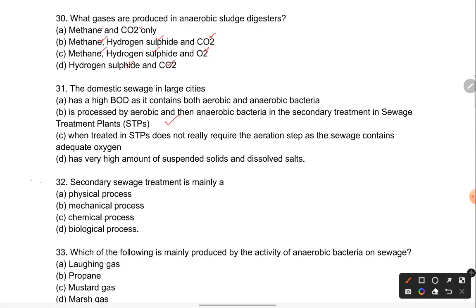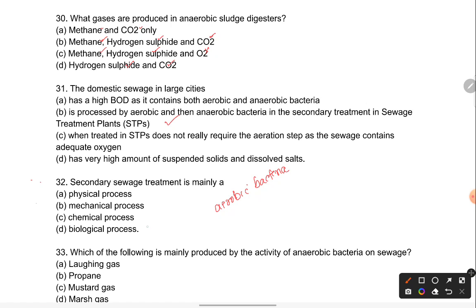Okay. Then question number 32. Secondary sewage treatment is mainly a dash: physical process, mechanical process, chemical process, biological process. Actually, in secondary sewage treatment, the treatment takes place because of the action of aerobic bacteria.